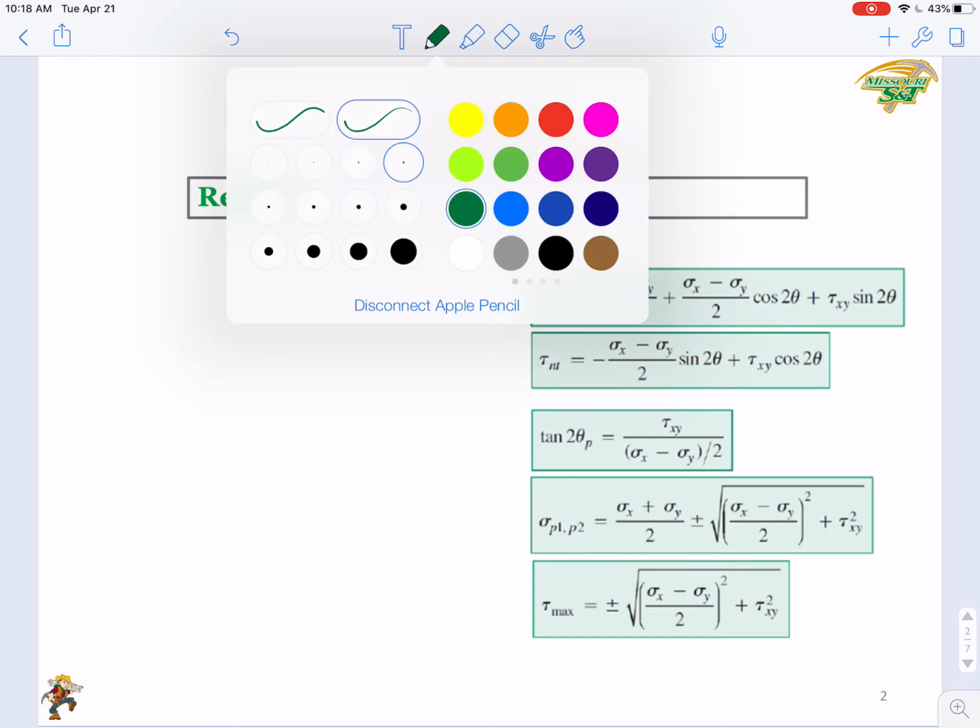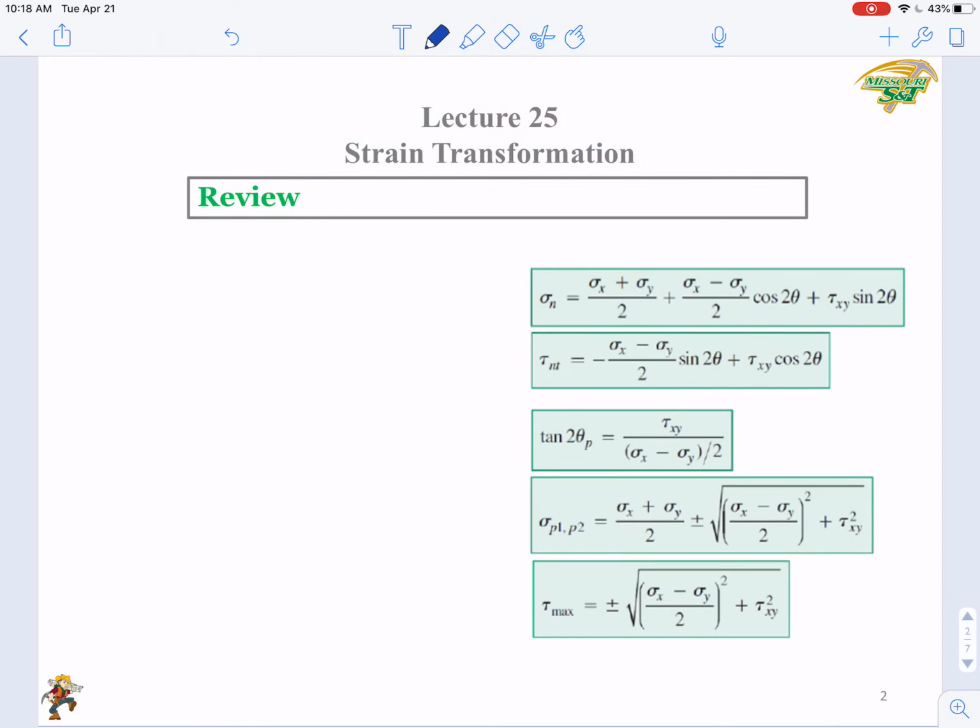Okay, so just assume that in the beginning we have a stress element. Assume that we had this stress element. You have sigma x, sigma y, tau xy. And then after rotation, you get another stress element shown here.